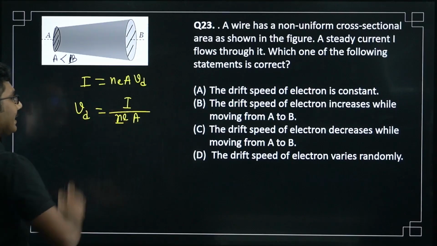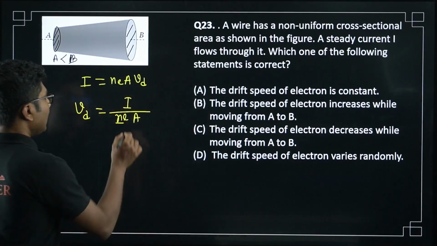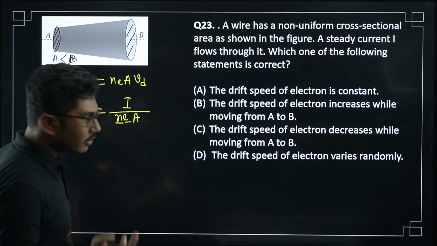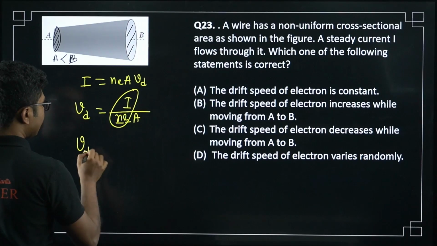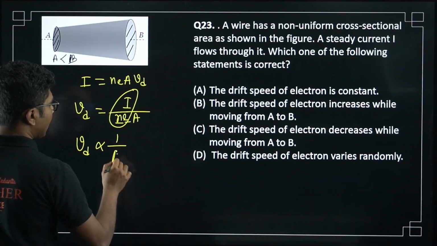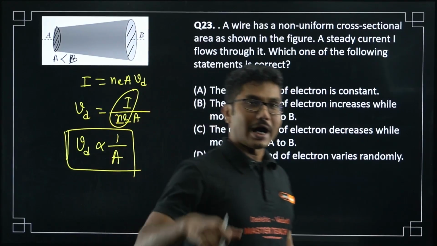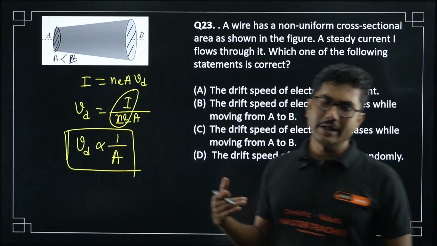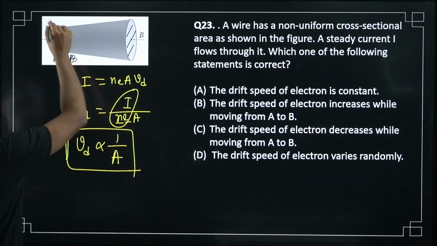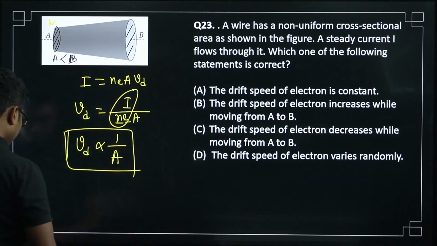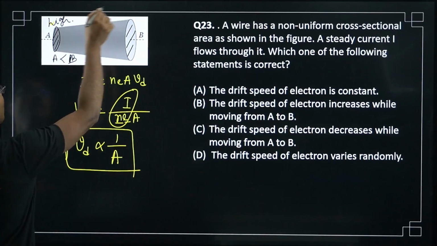Now the number density of a given metal is constant always. The charge of an electron is also constant, so all these three terms are constant. That means drift speed is directly proportional to 1 by A, or drift speed is inversely proportional to area. So the higher the area, the lower the drift speed, and the lower the area, the higher the drift speed. So drift speed will be higher here and lower here.